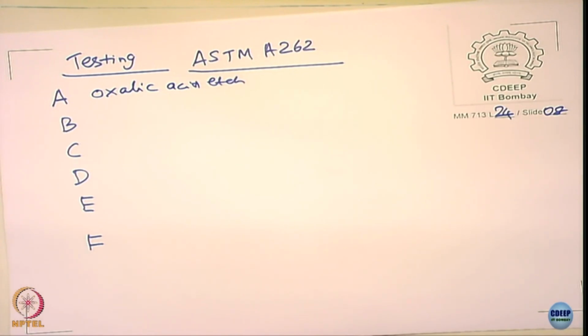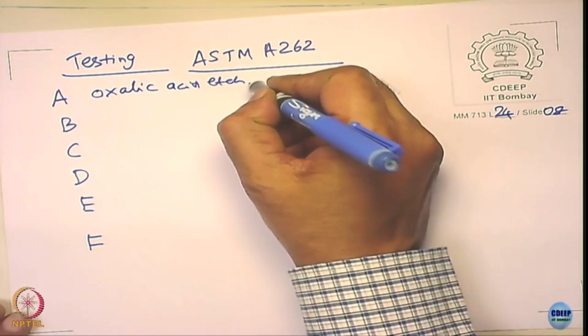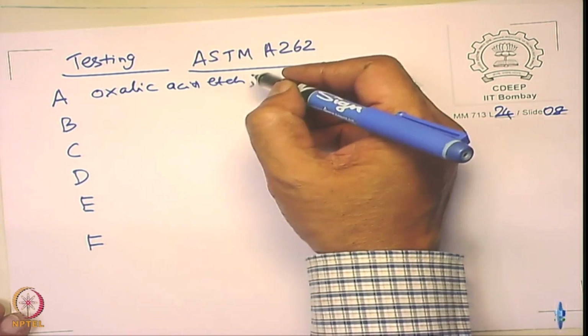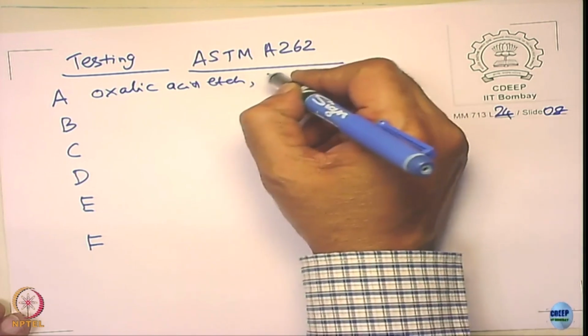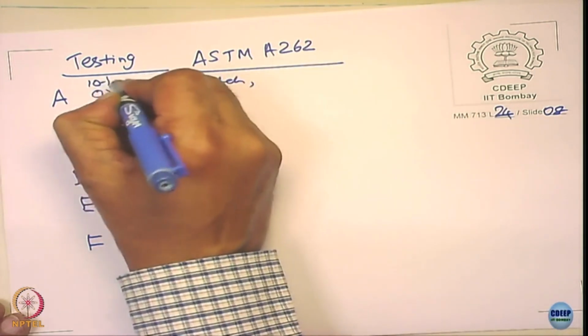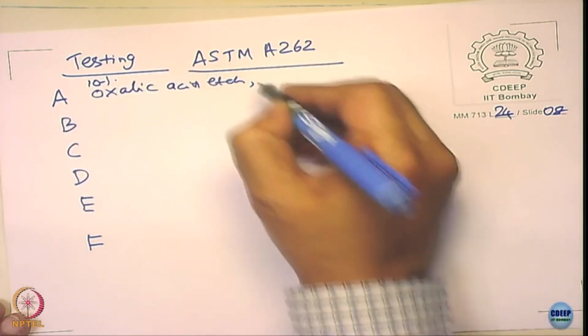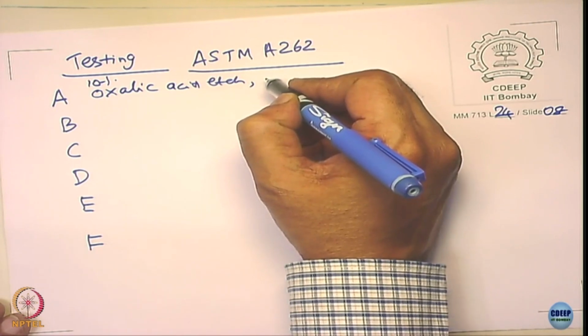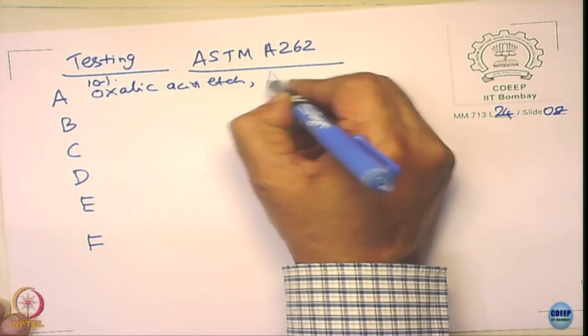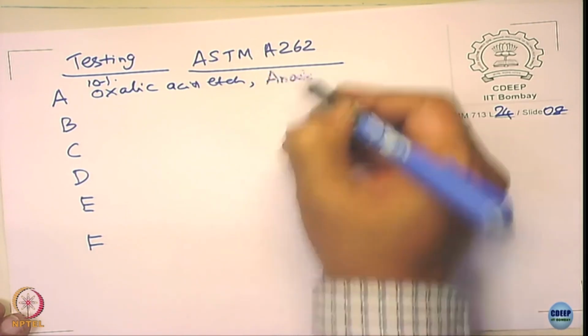What have you done there? Okay. You used 10% oxalic acid, right? You made the sample into an anode, right? It is an anode, and what did you do?